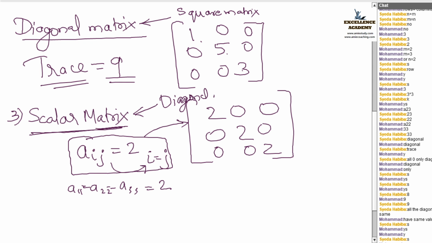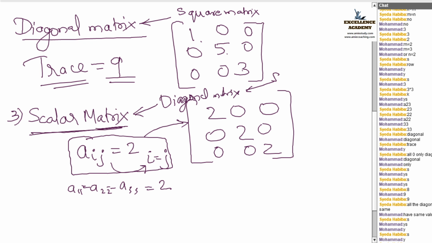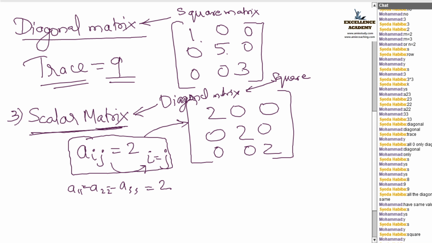And what about diagonal matrix? Diagonal matrix should be a square matrix. I hope you got the link, right? From square to diagonal to scalar, and for a diagonal matrix to be a scalar matrix, all the diagonal elements should be the same.